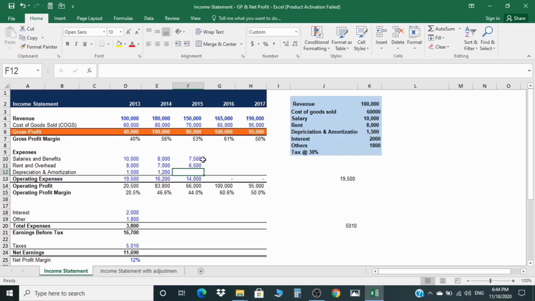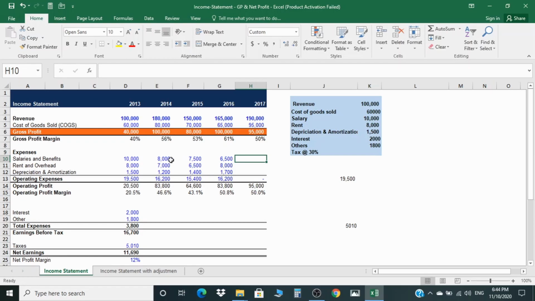And 1,400, right? So you can put here 65, right? You can put here anything you want, right? Anything. Rent is like 8,000, right? Put here depreciation 17, right? You get all the answers, right?